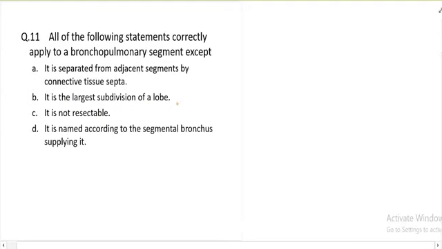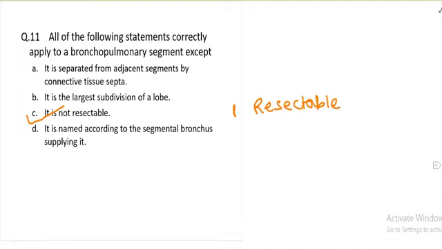Yes, this is the largest subdivision of a lobe. It is not resectable. This is wrong because this is resectable. It is named according to the segmental bronchus supplying it. This is also correct. So the answer to this question becomes it is not resectable, because this is resectable.